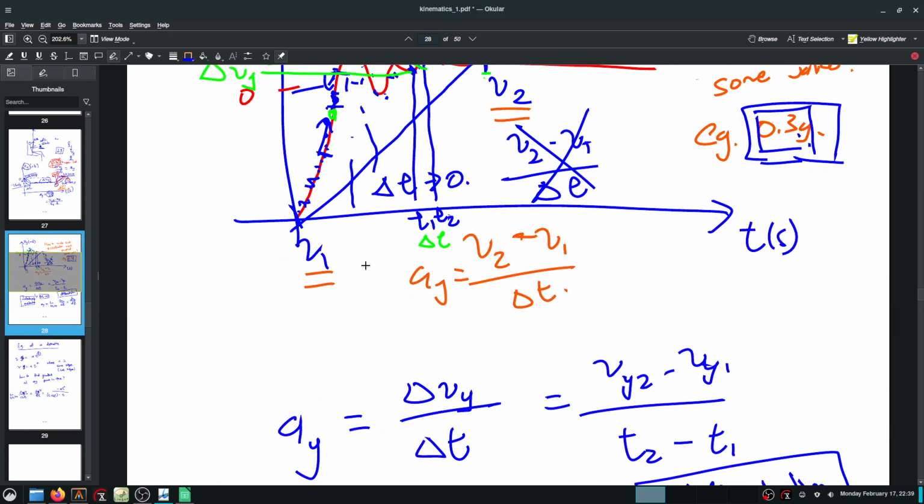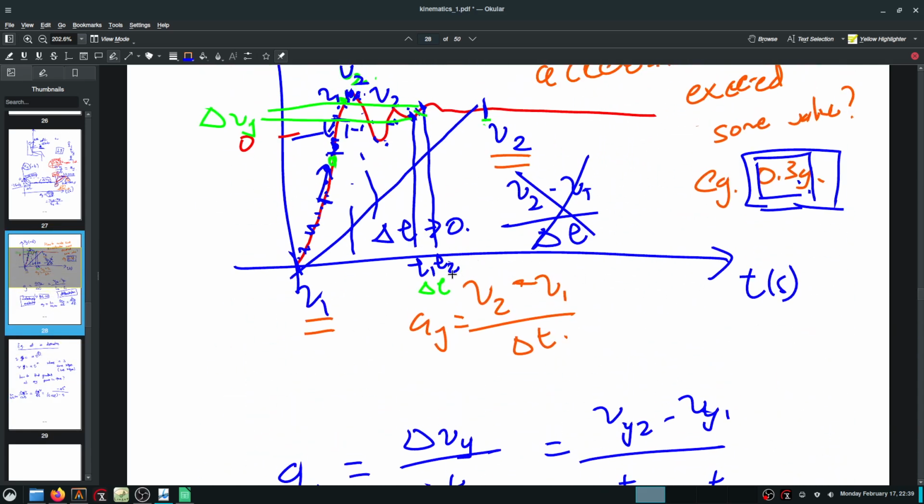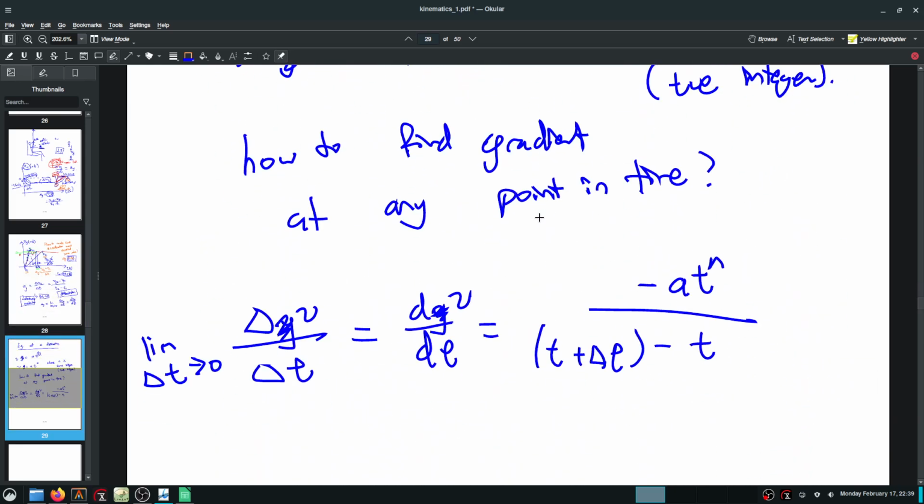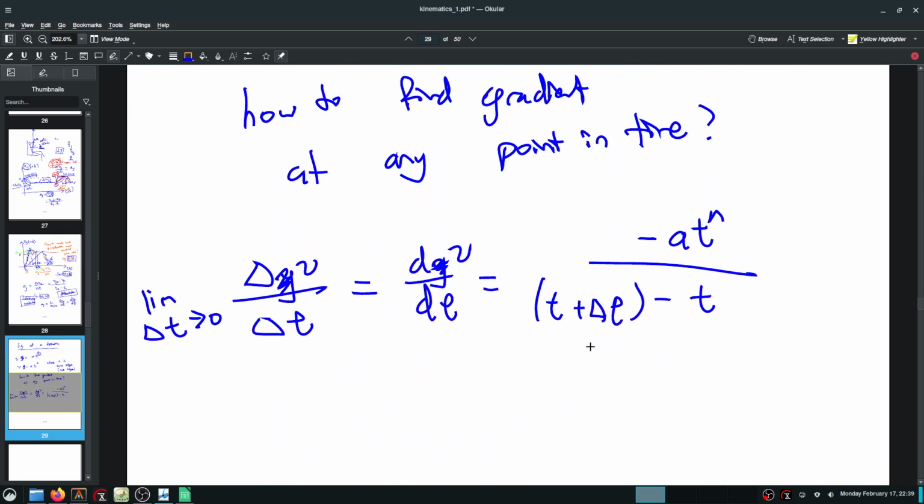Remember, just look back at the graph. I have t1 and t2, and t2 equals delta t plus t1. So this t plus delta t is actually t2, right? That's why I have this t plus delta t here. Okay, and then what is the so-called v over here, or velocity?